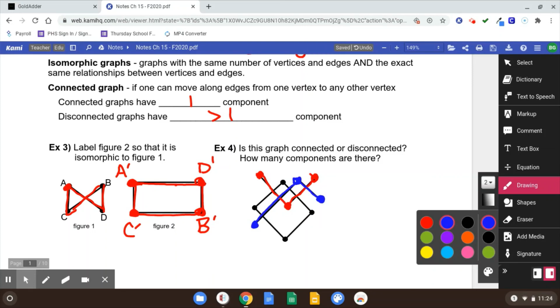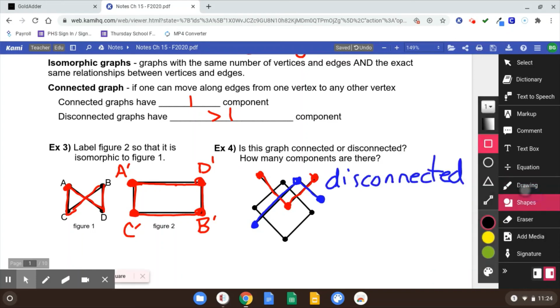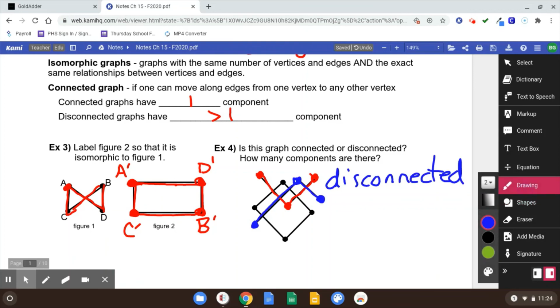That graph is not connected. In fact, I could take that blue one and move it over here and it'd be exactly the same thing. It's not connected. And I see 3 components, specifically a red one, a blue one, and a black one.